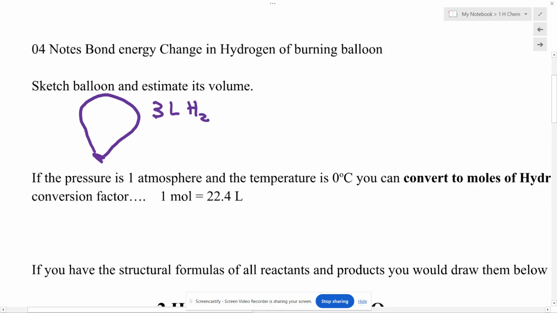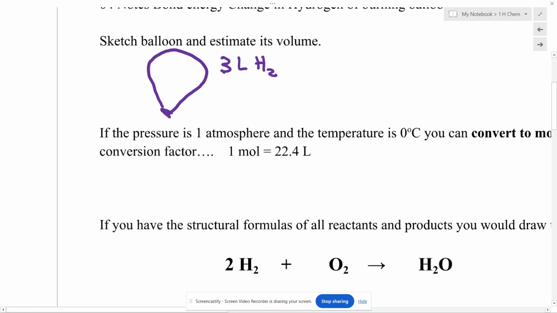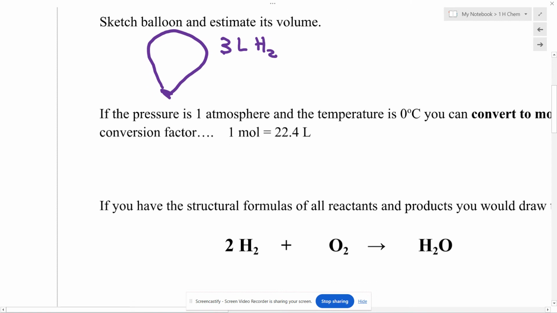So there's a conversion factor that you guys aren't familiar with yet that says if we have these conditions, we can convert from liters to moles. So that's what we're going to do here.